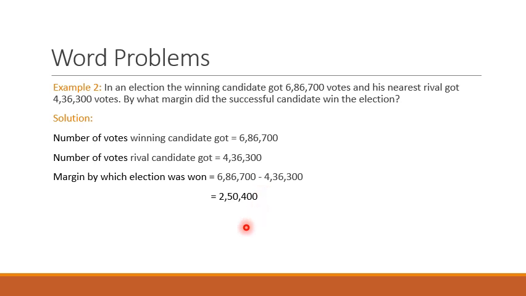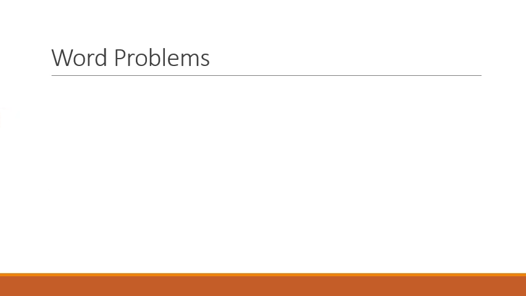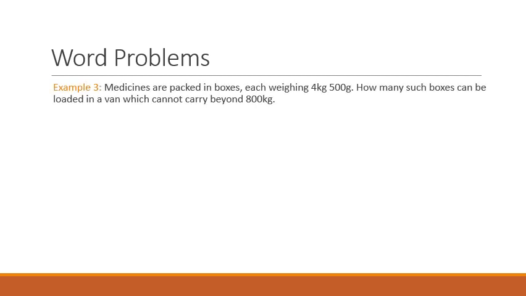After subtracting, what will I get? 2,50,400. So this is the margin by which the election was won. So we have the answer. The successful candidate won the election by 2,50,400 votes. See the next problem.